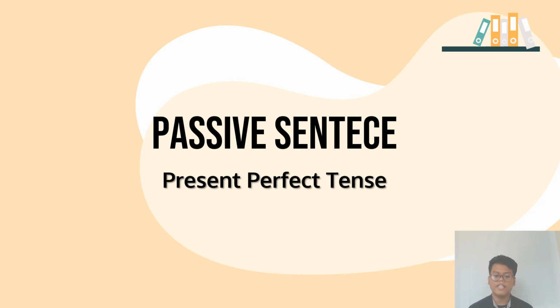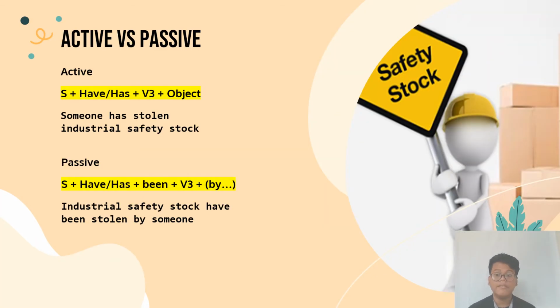Now let's discuss the passive sentence for present perfect. Let's take this example. The first example for passive voice in present perfect tense: Someone has stolen industrial safety stock.